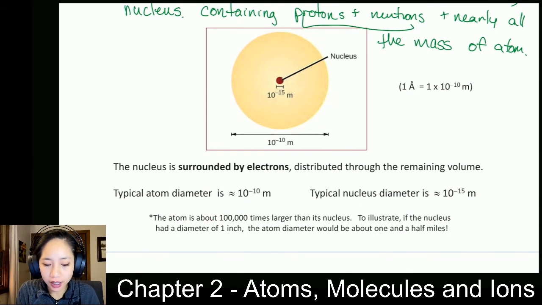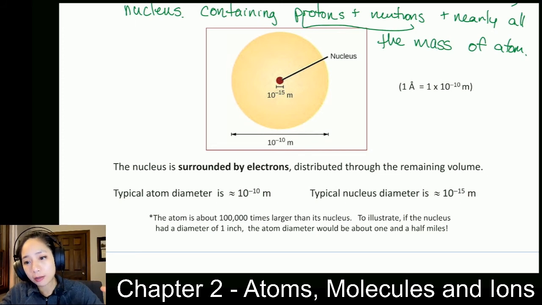You can think about the atom as being 100,000 times larger than a nucleus. You can think of a football stadium. A football stadium is like the atom. And then the nucleus is like a marble sitting on the 50-yard line. So that's the relative size of the nucleus versus the rest of the atom.